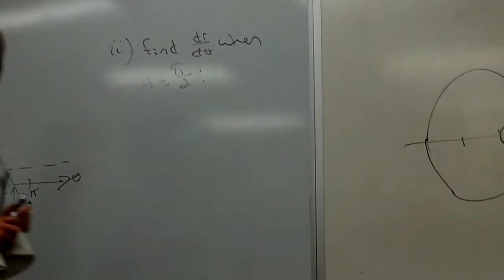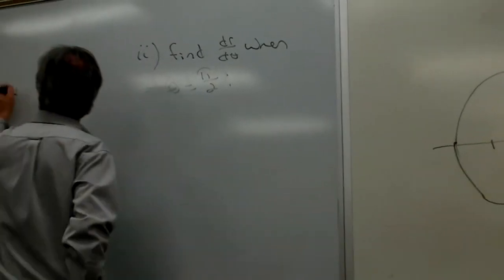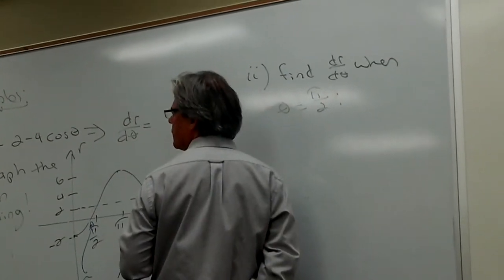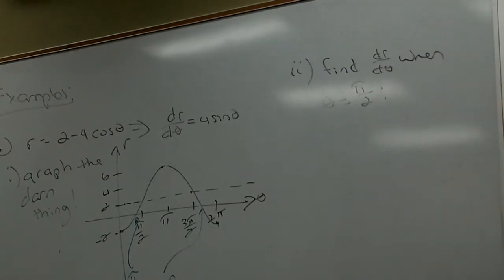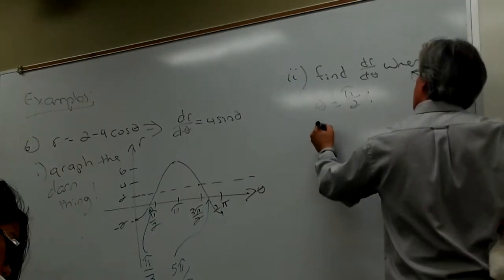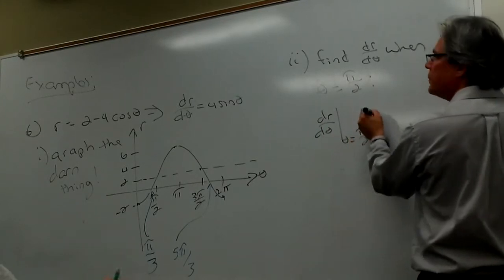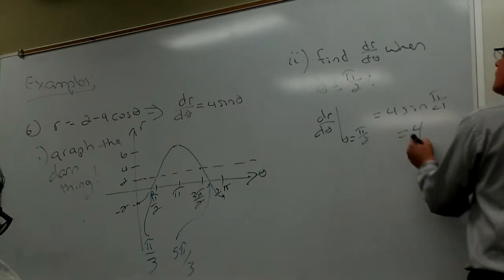Are you ready? Because I think dr/dθ from this equation is a positive 4 sine of theta. So to answer my question, dr/dθ evaluated when theta is equal to pi halves simply gives me 4 times the sine of pi halves, which is simply 4.